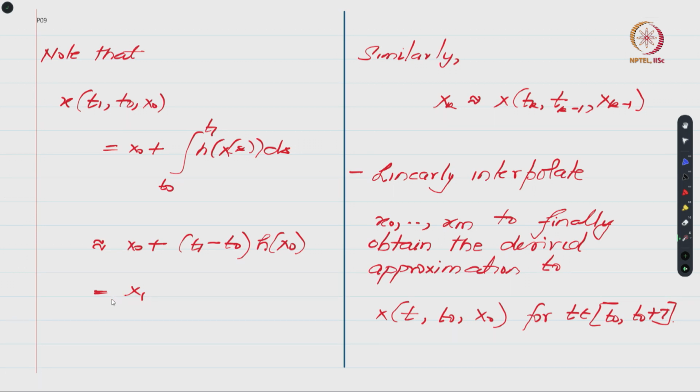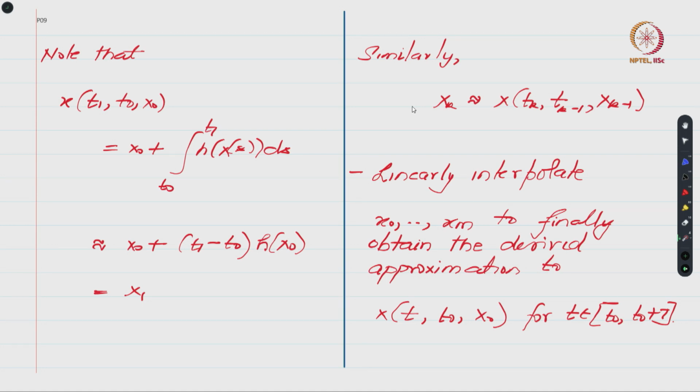So in this sense you can see that the value of x1 approximates the value of the solution trajectory at time instance t1, right. And in a similar sense one can see that xk approximates the value of the solution trajectory which at time tk minus 1 is started at xk minus 1, and whatever the value of the solution trajectory at time tk is, that in some sense one can view as being approximated by xk, right.